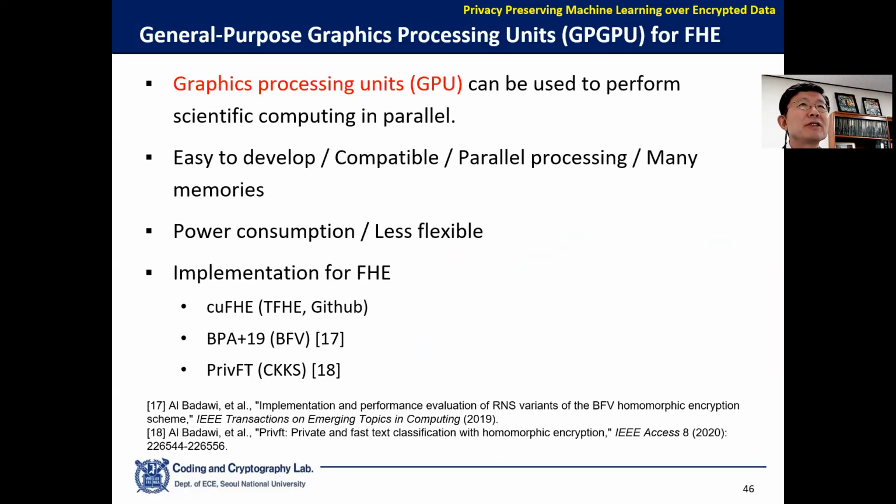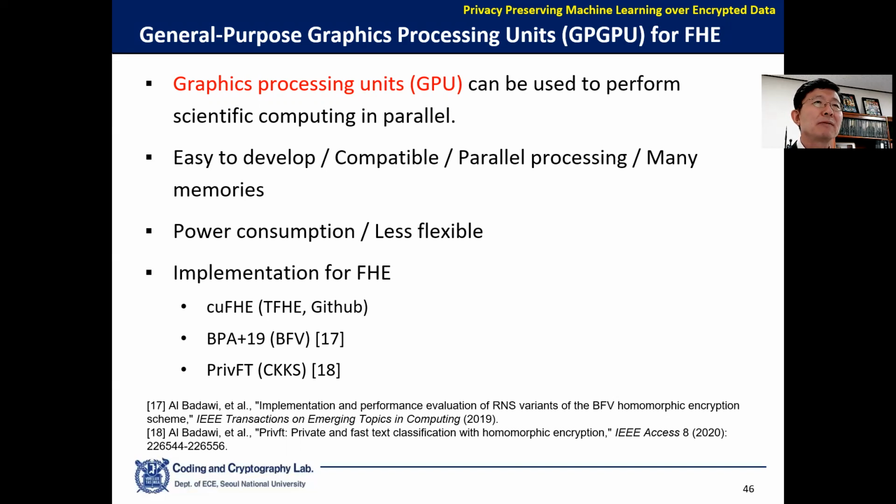Next implementation type is GPGPU. So a graphics processing unit can be used to perform scientific computing in parallel. So it is easy to develop, has compatibility, parallel processing, and many memory. But power consumption is a problem and it is less flexible.